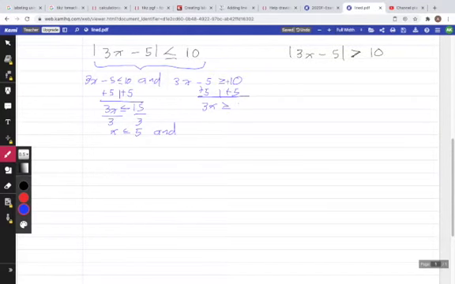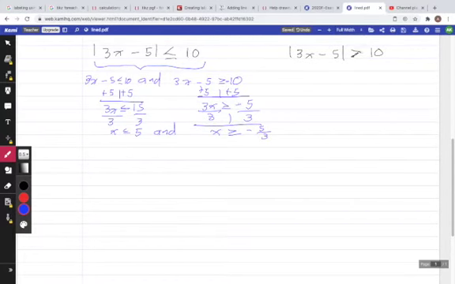Oh, negative 10 is greater than or equal to negative 5. And then we divide both sides by 3. And we end up with x is greater than or equal to negative 5/3. And this is our solution, these two items.